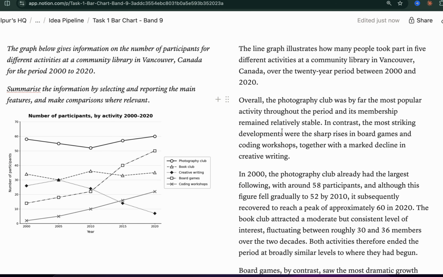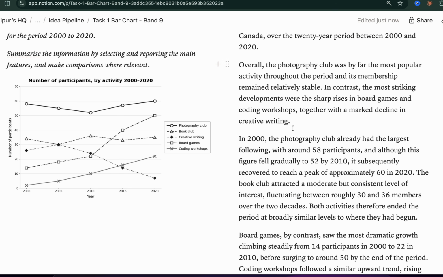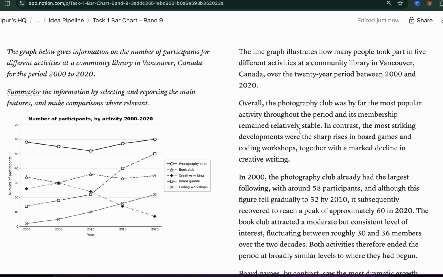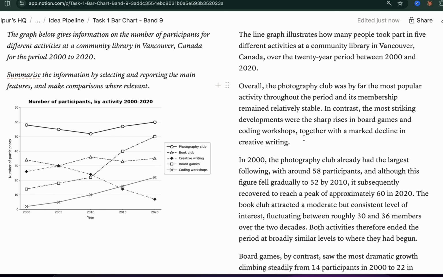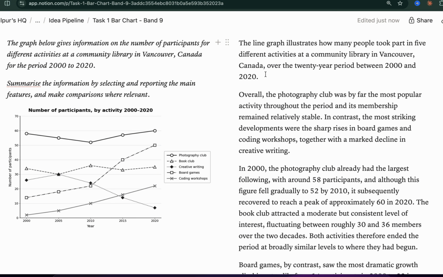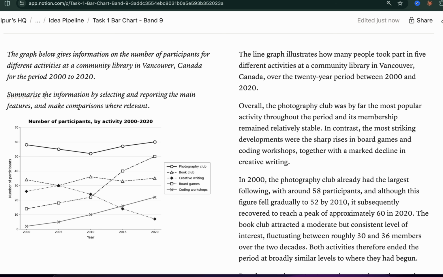And here it is, our line graph. I would call it an 8.5 to 9 grade writing, because we have met all the task requirements. We've got 4 distinct paragraphs, and we've summarized the information, so we haven't mentioned everything year by year, which is a big mistake, because the task literally asks you to summarize the information.